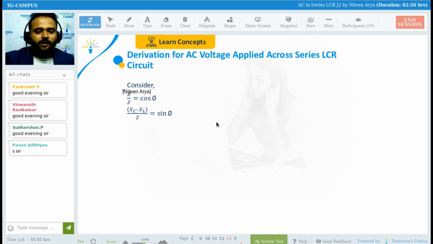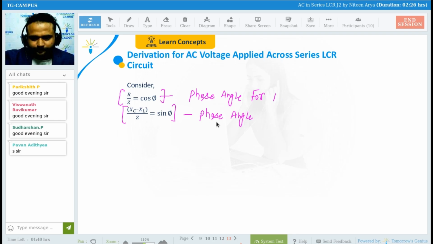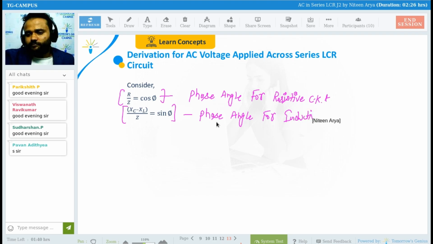This one is our phase angle, and in the same way, this is the phase angle for the resistive circuit, and this is the same phase angle for the inductive circuit or capacitive circuit.